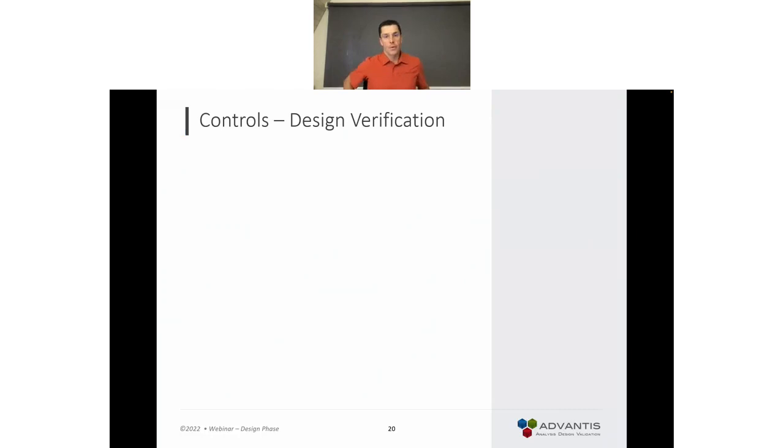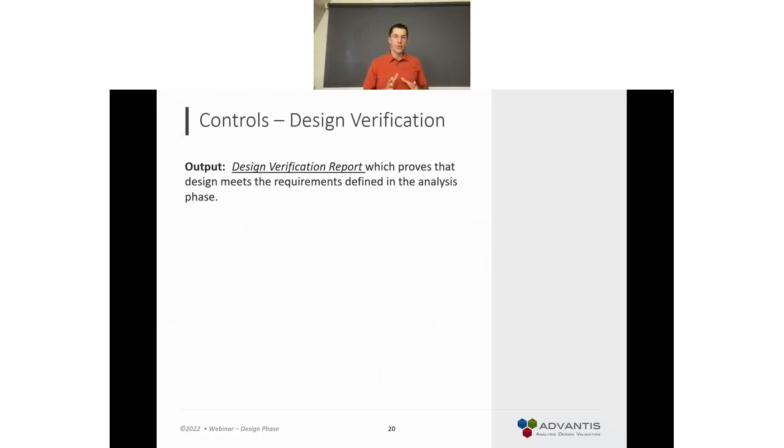The output of this, similar to the risk assessment report on the analysis side, is what we call a design verification report. This report should prove that the actual design meets the requirements defined in the analysis phase, what we just learned in the SRS. So the input into this ordeal is the SRS.